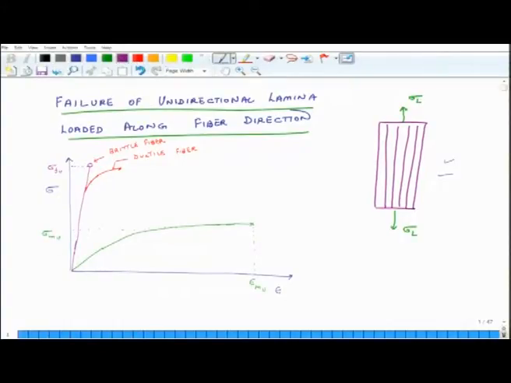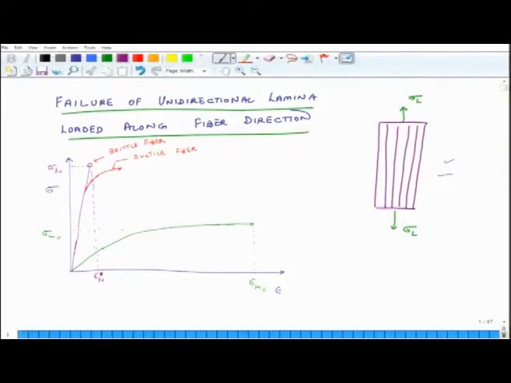So, what is the failure strain of fiber for the brittle fiber? This is epsilon Fu.